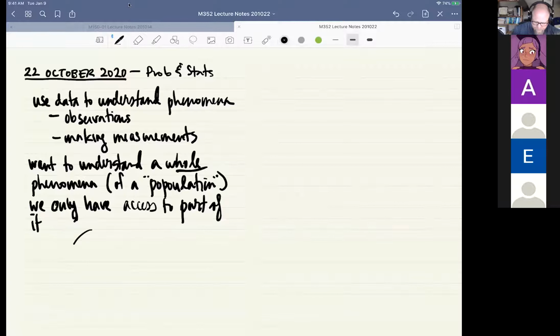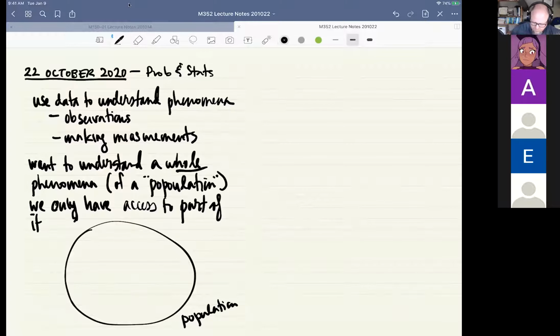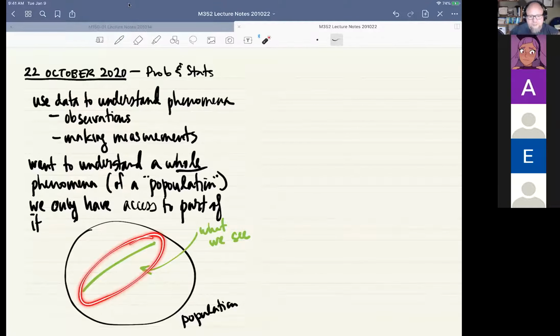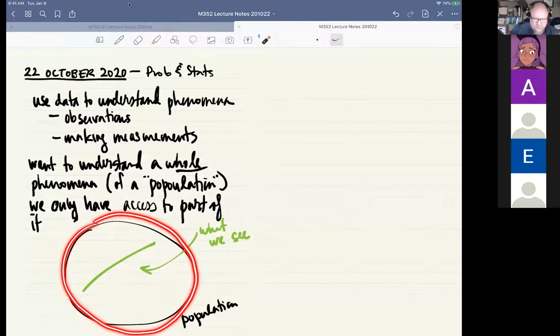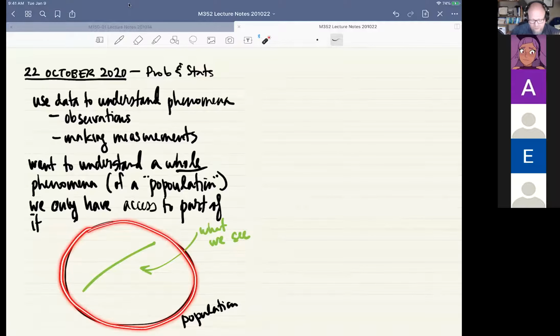Okay. So if I have this big circle representing a population, we might only be able to take a slice of that population, okay? And so statistics is the study of taking measurements from what we can see and extrapolating the patterns we see to patterns of the whole population. Okay.